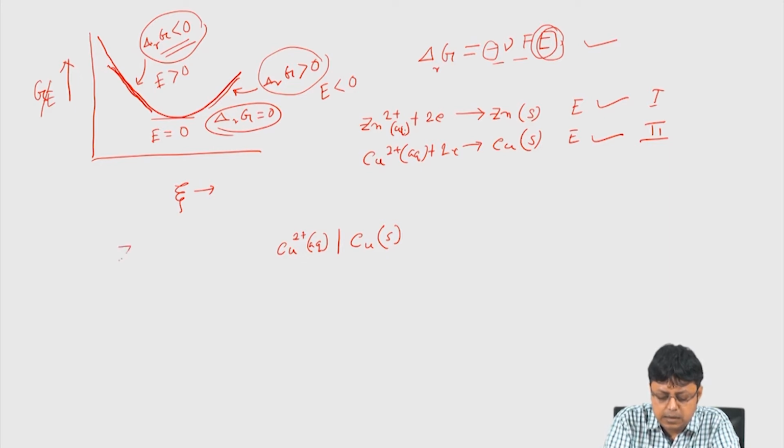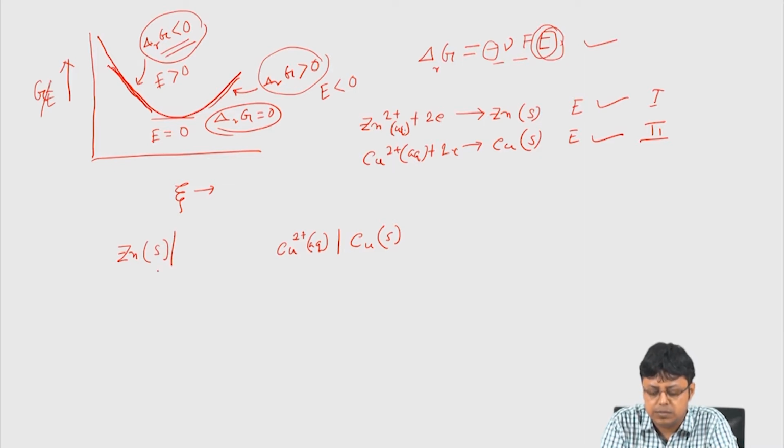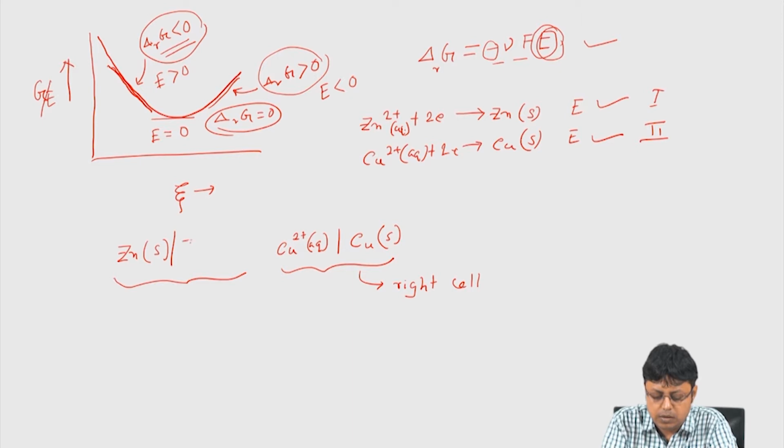Similarly, we write zinc going to zinc 2 plus on the other side, as the left electrode. So, this is the right electrode and electrolyte combination, and we always write it as right cell, and zinc going to zinc 2 plus as the left cell.